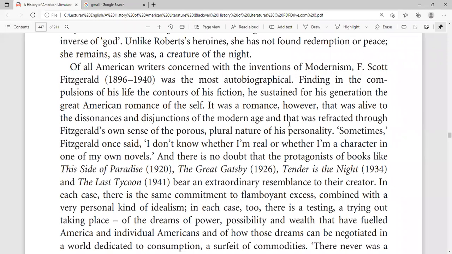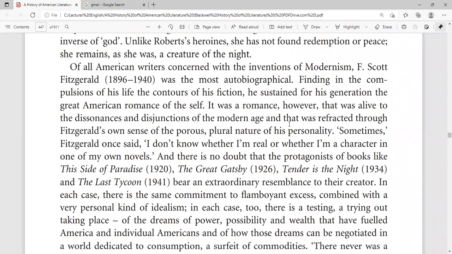Of all American writers concerned with the inventions of modernism, Scott Fitzgerald was the most autobiographical writer, finding in the compulsions of his life the contours of his fiction. He sustained for his generation the great American romance of the self.